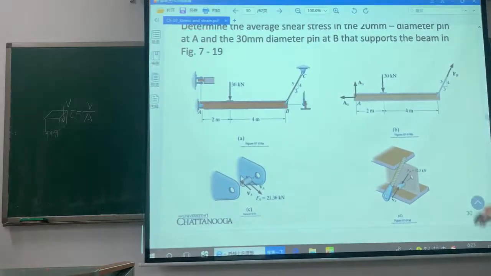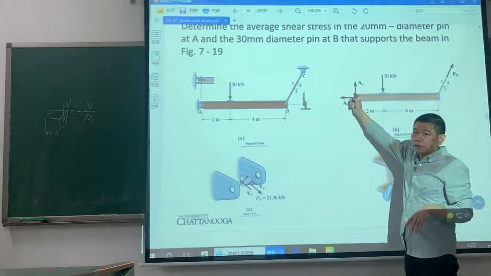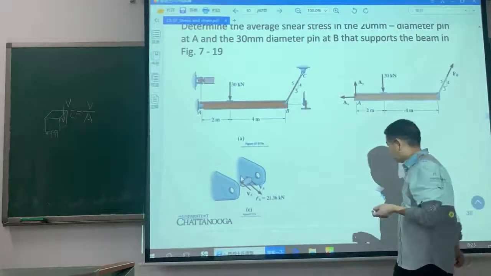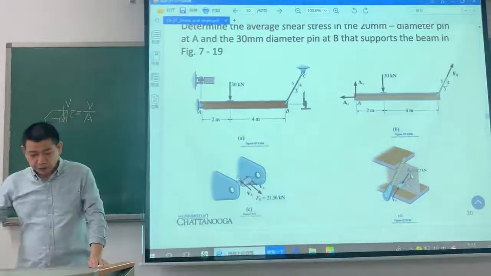Understand? I introduced it at the beginning. So, at first, we have to find the reactions. How to find it?